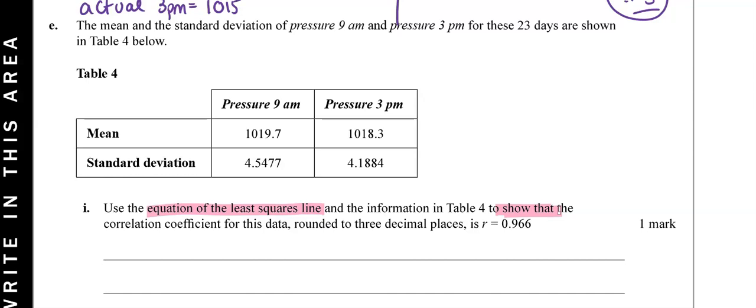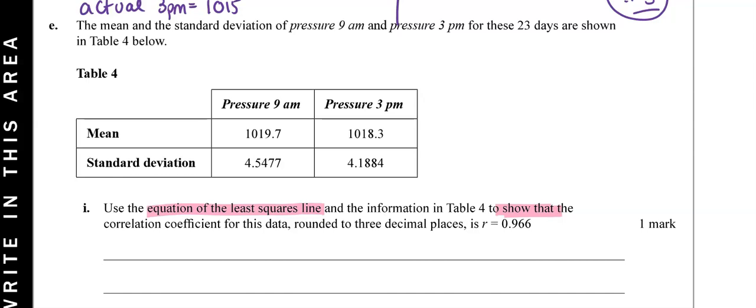So least squares regression line and values of mean and standard deviation, and also a reference to an R value. That should point you to the way that we calculate the regression equation when we're given summary statistics.